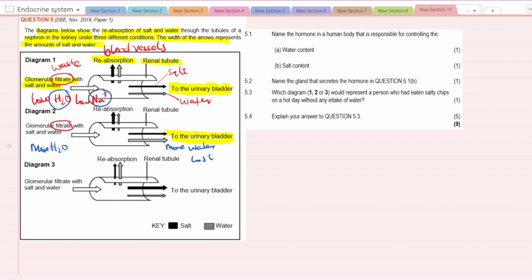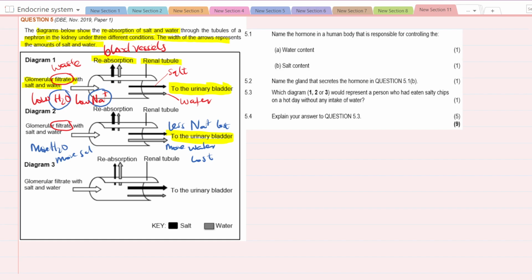And then here, as you can see, the salt: this person is losing less salt, therefore it means more salt is absorbed.